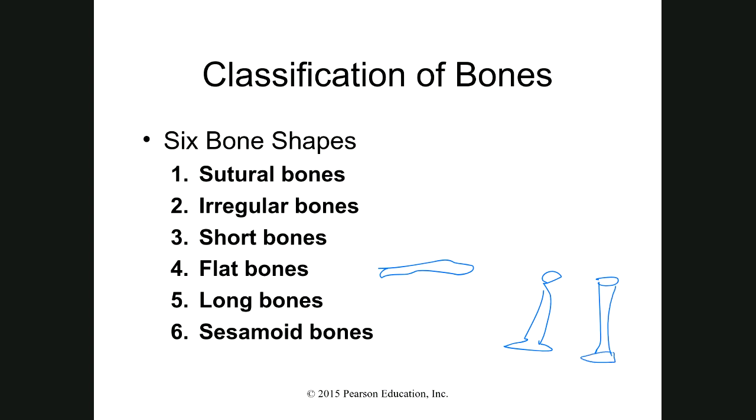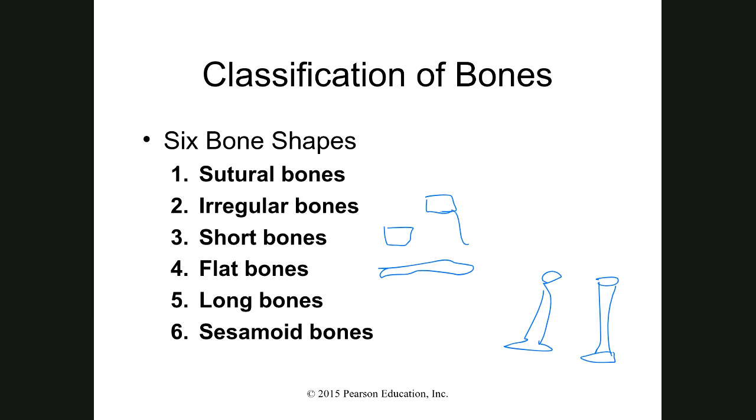Short bone is more like this. More like cuboidal cells, if you will, with the width and the height almost the same. So all these right here, your carpal bones, are considered short bone. Irregular bones, you will see this is very typical of your vertebral column, a lateral view of a vertebral column that looks like this.